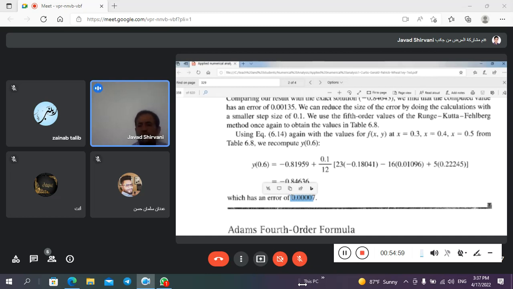This approach uses a multi-step approach.